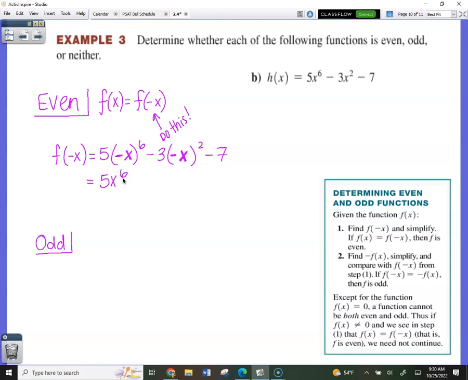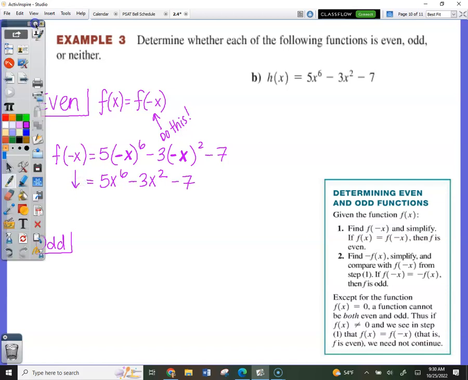That's a negative to an even, so it's going to come out positive times negative 3. Copy the negative 7. Is that the same as the original? This equals the original, which means it is even. So this has even symmetry.